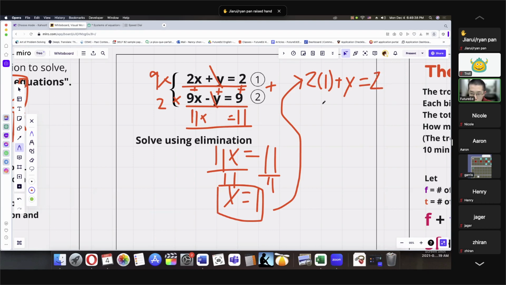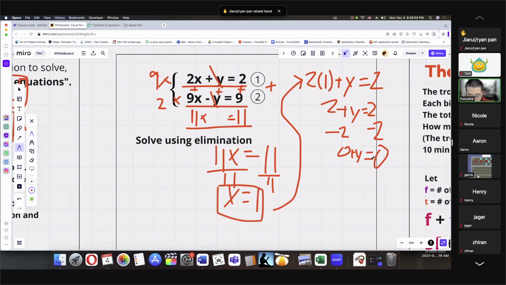And this is the same as 2 plus y is equal to 2. And you said you subtract 2 on both sides? Yeah, so you subtract 2 on both sides. 2 minus 2 is 0. So we have 0 plus y equals 0, which is the same thing as y equals 0.